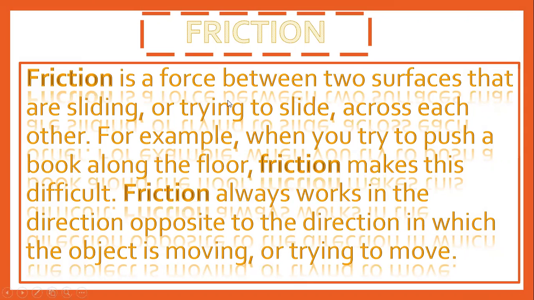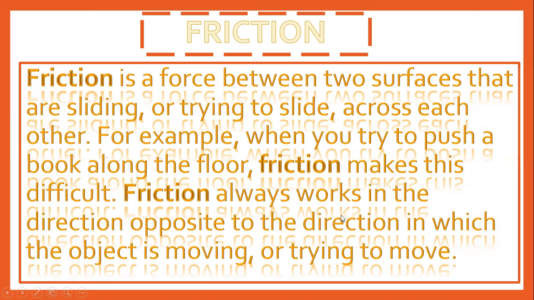Friction is a force between two surfaces that are sliding or trying to slide across each other. For example, when you try to push a book along the floor, friction makes this difficult.